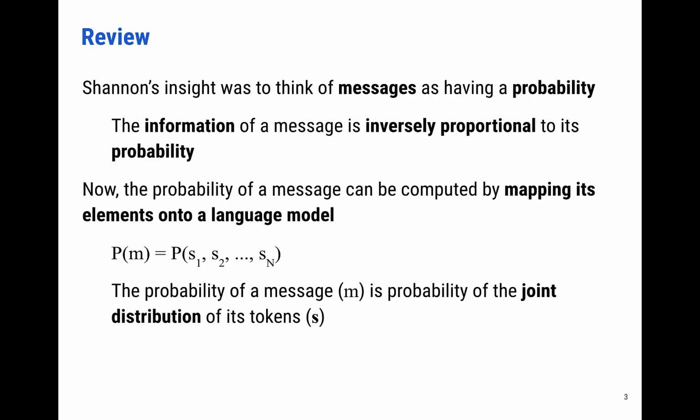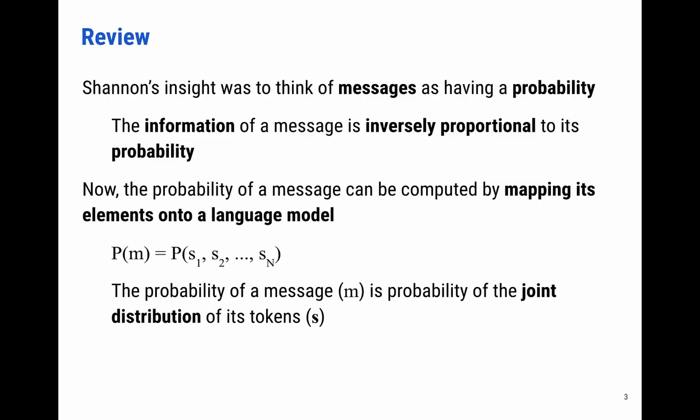So today we're going to look at language models, and this is all built, as I've said before, on Shannon's mathematical theory of communication, which I asked you to look at and read the beginning of. Shannon's insight, to repeat what I said last time in a more succinct form, was to think of messages as having a probability.